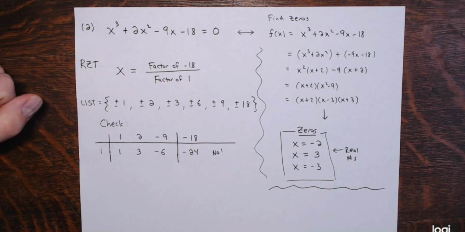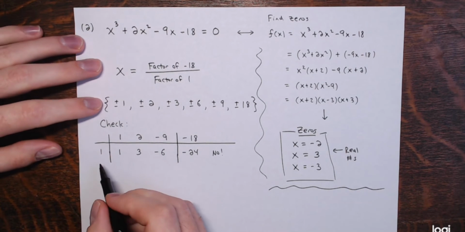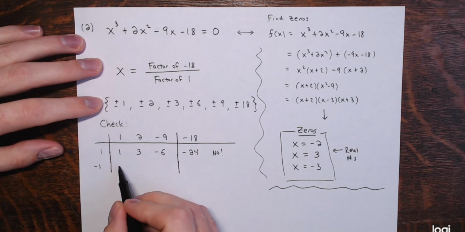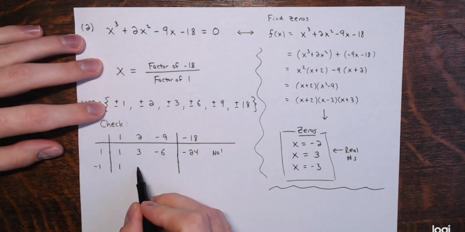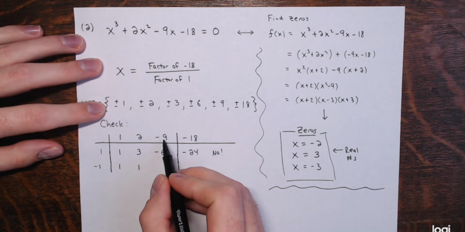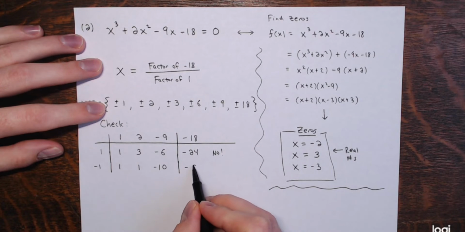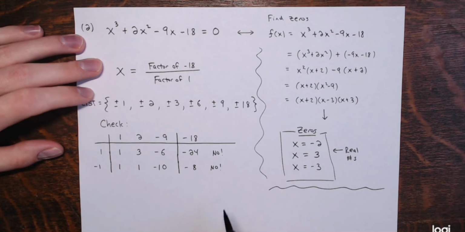You'd have -24 equals 0, that's not true. Then how about -1? Drop the 1. -1 plus 2 is 1. 1 times -1 is -1, plus -9 is -10. And then 10 plus -18 is -8. So once again, -1 is not a 0.